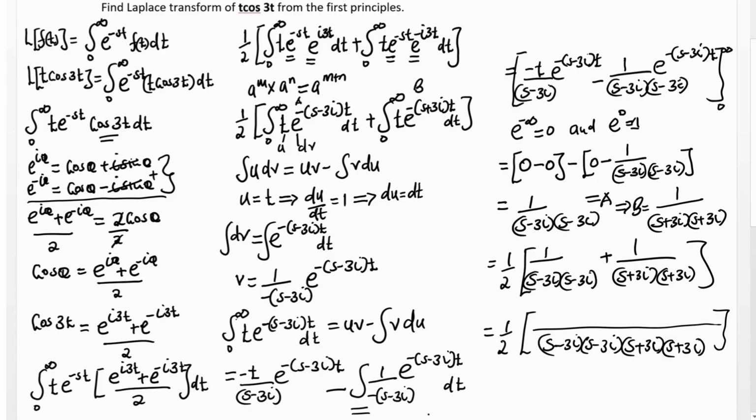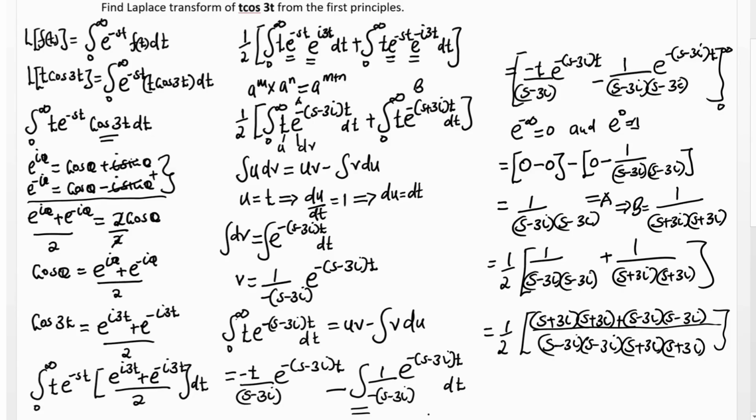Considering part A into our LCM, we remain with s plus 3i into s plus 3i, plus s minus 3i into s minus 3i.